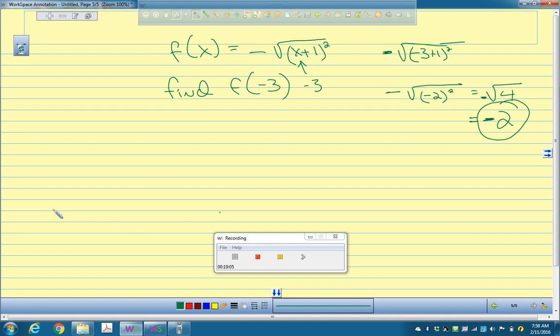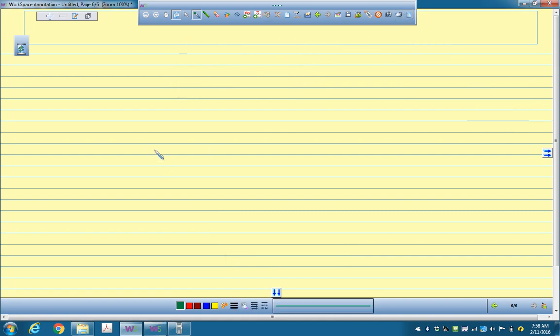Which brings us to an important point, okay? The square root of x squared, so this is kind of weird, but true. Just a couple more things and then we're going to do the practice worksheet, okay?